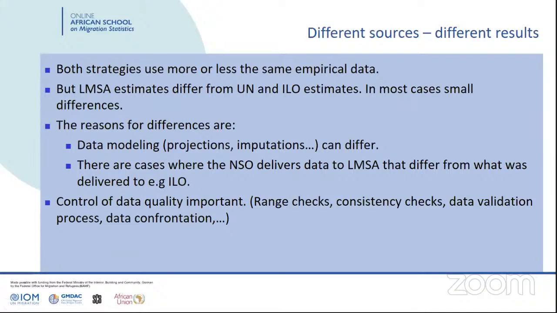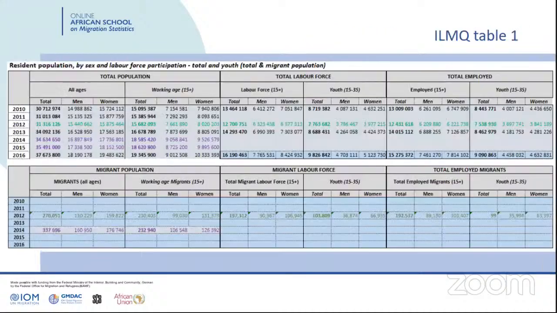So this is something we have learned for the next round, that there are different parts of the NSOs, and different parts of the NSOs may deliver different data to different places. So control of data, really important. And we learn as we walk, so to say, and there are more things to do there.